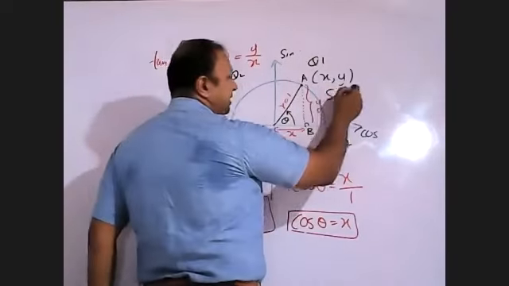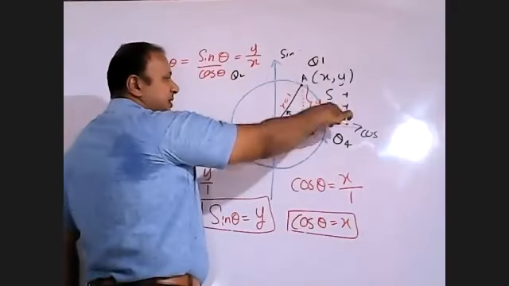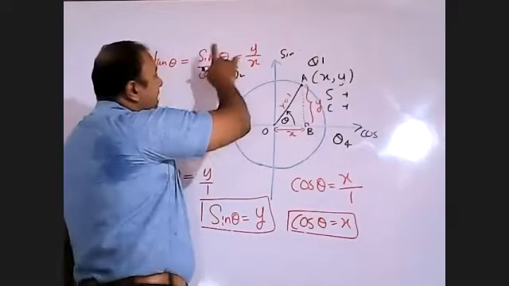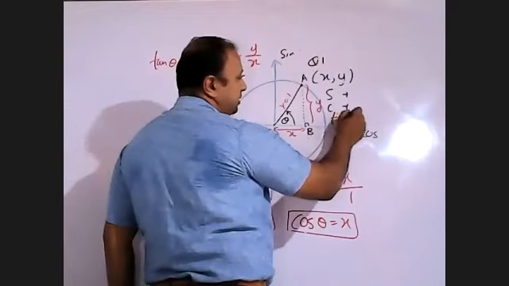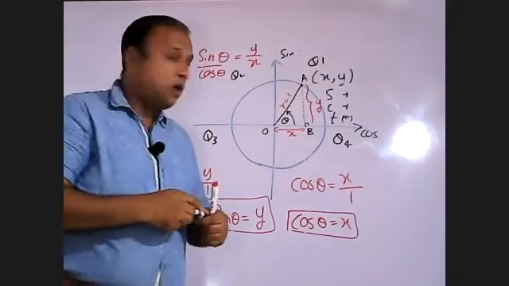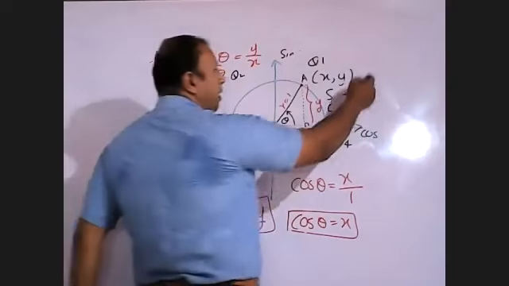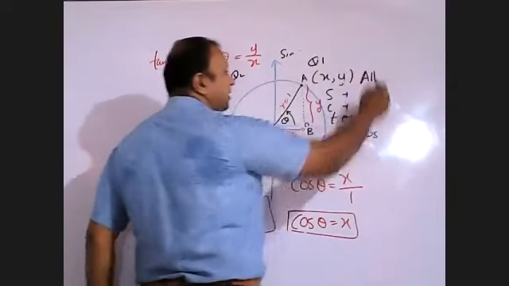Sin is positive, cos is positive. As these two are positive values, tan theta is also positive. Therefore, all the ratios for angles in Q1 are positive.